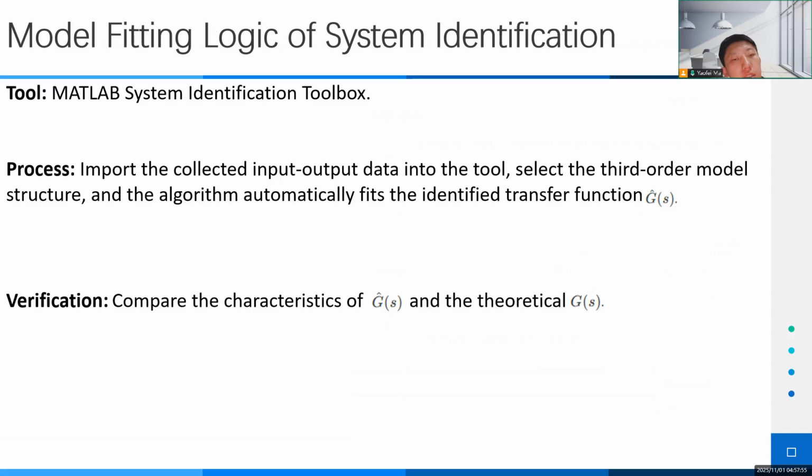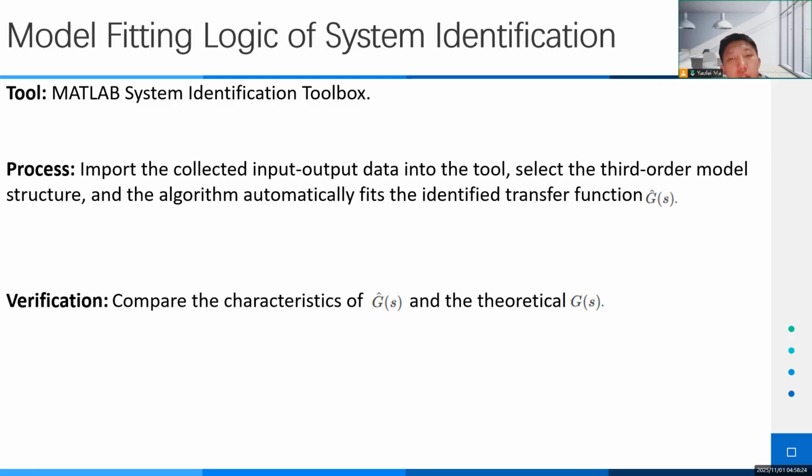Then select the third-order model structure, since we know our system is third order. The toolbox will automatically fit the data to create an identified transfer function.